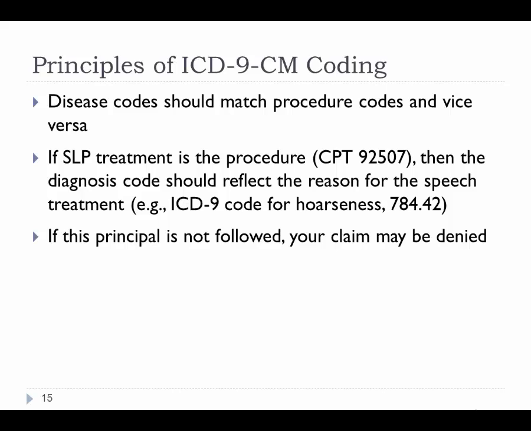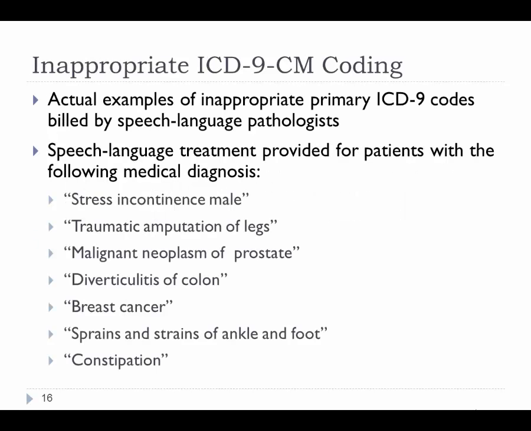You should ensure that the disease or disorder code is consistent with the treatment code. For example, you would use 784.42 for hoarseness and the CPT code 92507 for treatment. These examples of inaccurate coding and billing occurred because the wrong primary ICD-9 CM code was used.